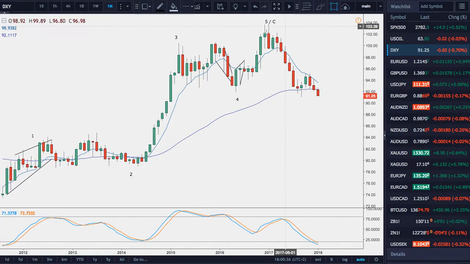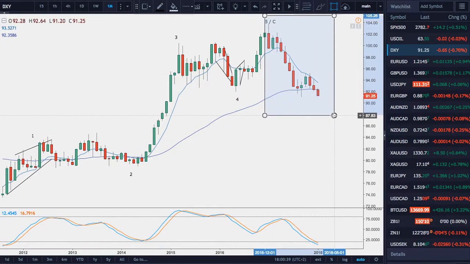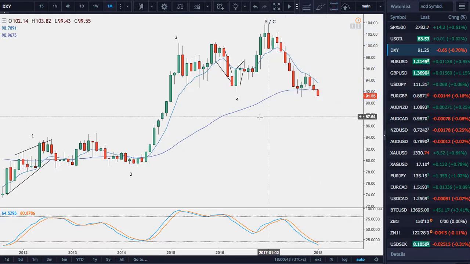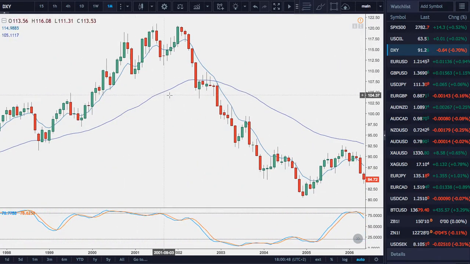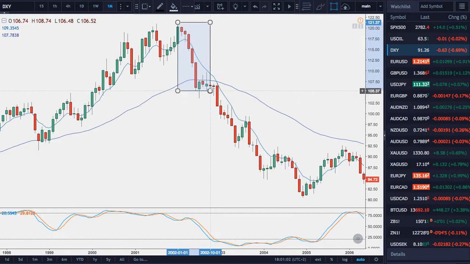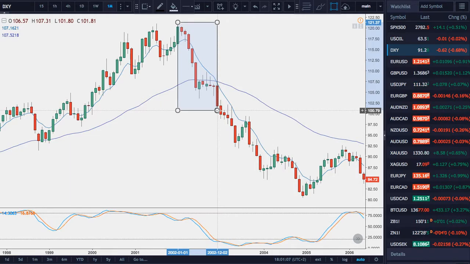Okay, January 17 to January 18, 13 months of action. January 2002 through November, December 2002. So 2 months less than what we currently have, but this pattern here, if you include the little hanging man thing here, the look of this is identical to what we're going through now.